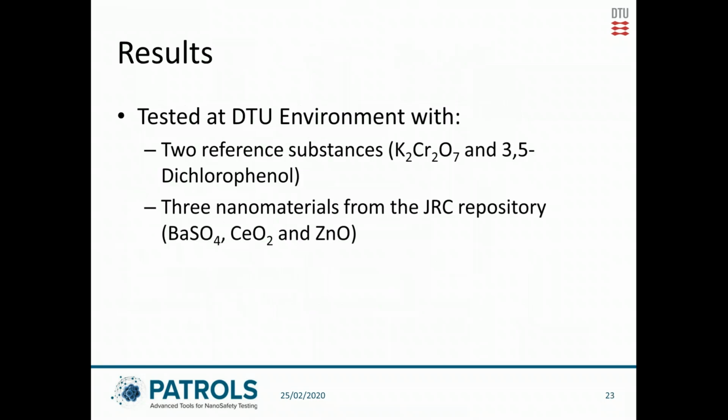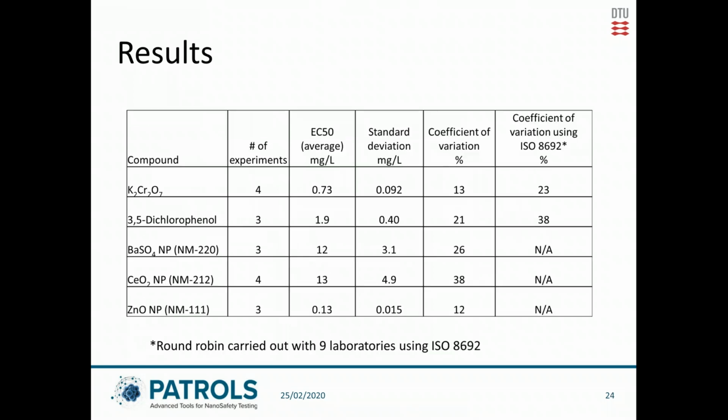Of course, all of these claims are somewhat justified by us doing a lot of tests with the LEVITATT. We have tested 2 different reference substances and 3 different nanomaterials from the JRC repository. The results are shown in this table.